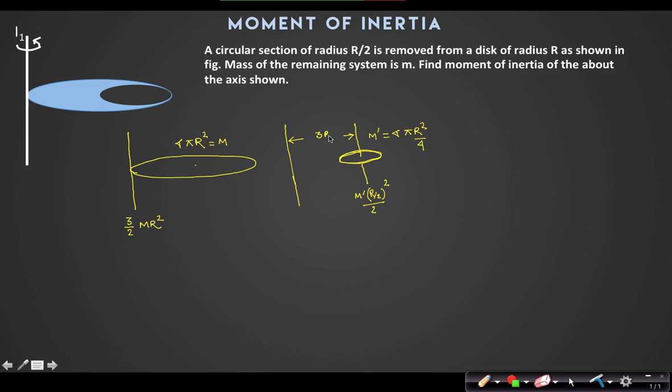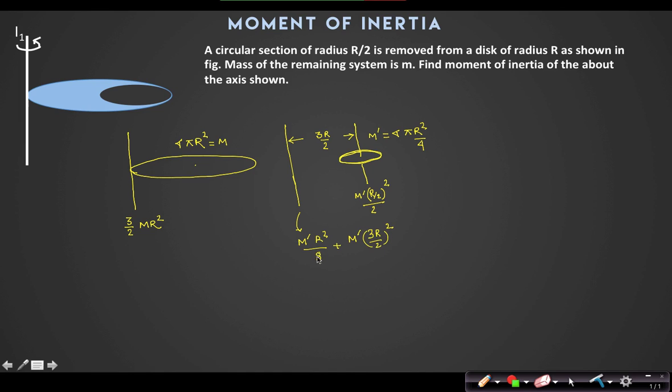And what is the distance between these two axes? 3r by 2. So about this axis, the moment of inertia should be m prime r square divided by 8 plus m prime into 3r by 2 whole square. Yes or no?